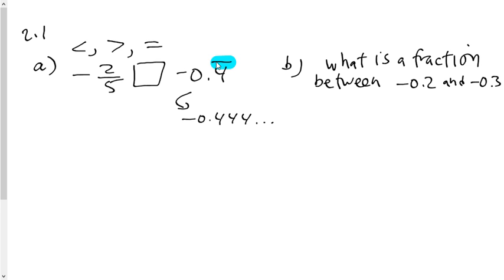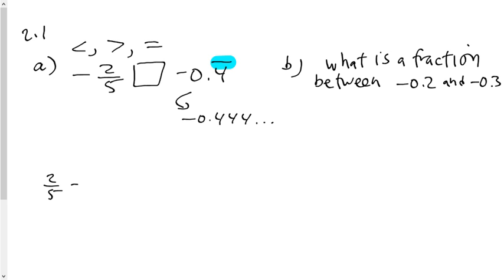So our two options are we can change them both to fractions or we can change them both into decimals. And we all agreed that when we did section 2.1, if we're going to compare them, the easiest way is changing both of them into decimals. Since I've already converted the first one into a decimal, I'm just going to change negative 2/5 to a decimal. You can do it one of two ways.